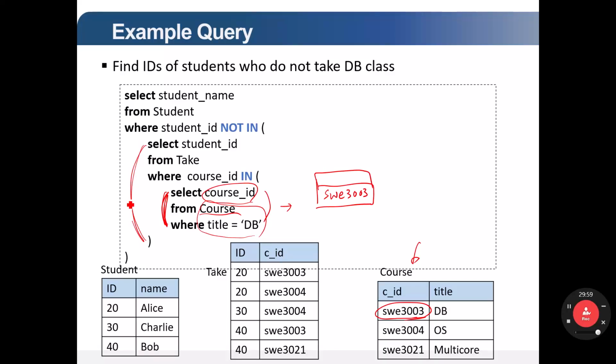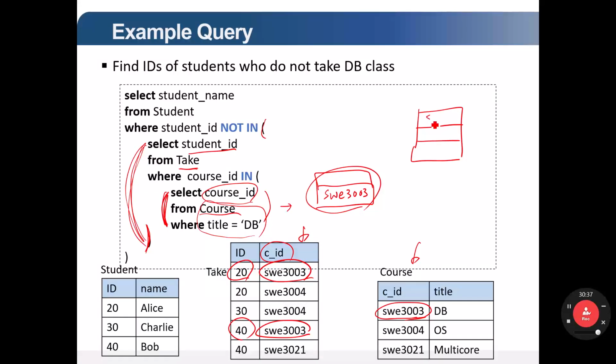And then we move on to the second level select query, and this time we access take table and check if its course ID is included in the output table of this innermost query. So this one and this one, these two records satisfy that inclusion condition. So 20 and 40 will be returned. So this middle query, second query is going to return a table with two records, student ID 20 and 40.